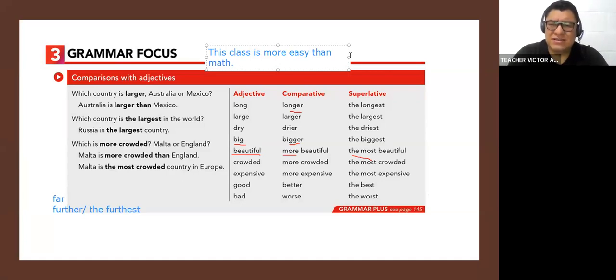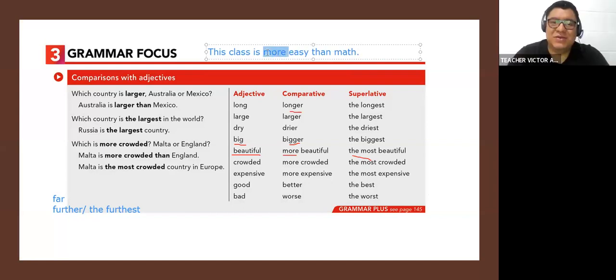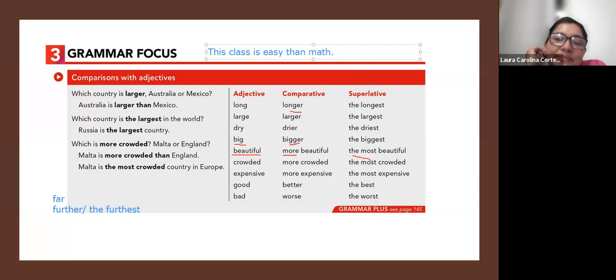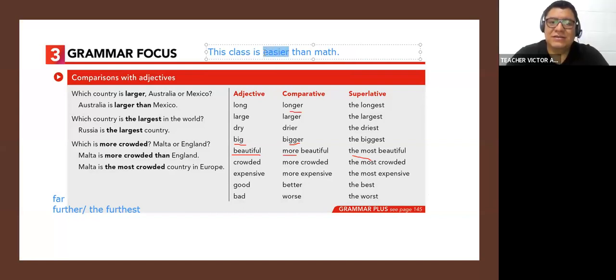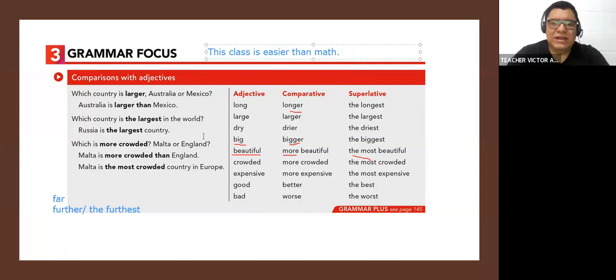Is this correct, guys? No, right? It's incorrect. What is the correct form? It's easier, exactly, right? It's easier than math. All right, and that's what we need to remember.